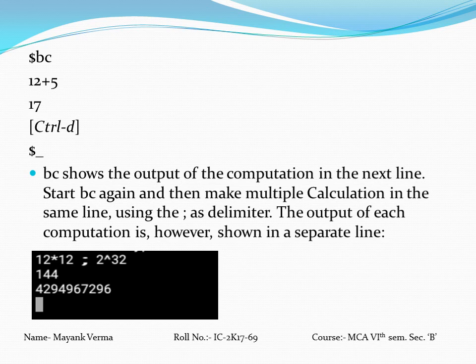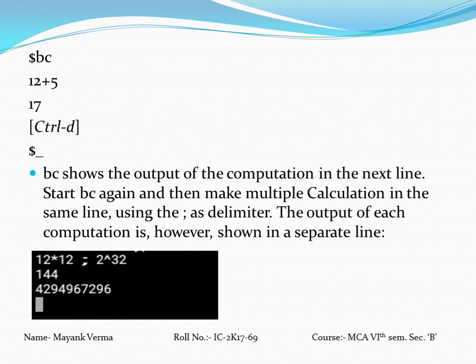Here is an example of the bc command. bc, then enter some arithmetic expression; the result is in the next line. 12 plus 5 will result in 17, and Ctrl D to quit from bc. bc shows the output of computations in the next line.